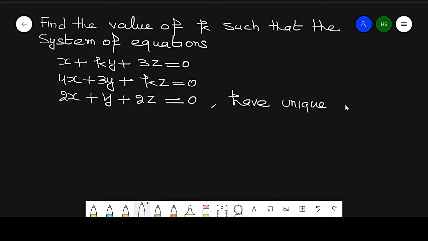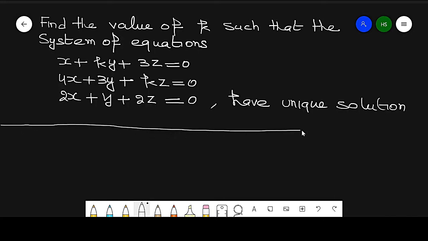So my aim is to find the value of k so that this system of equations has non-trivial solution.